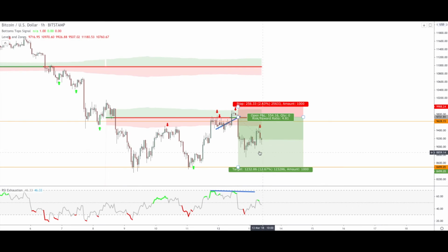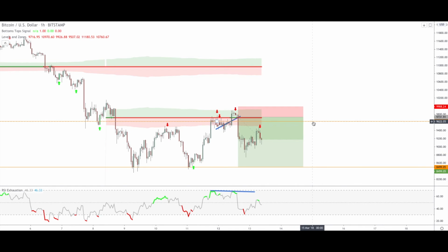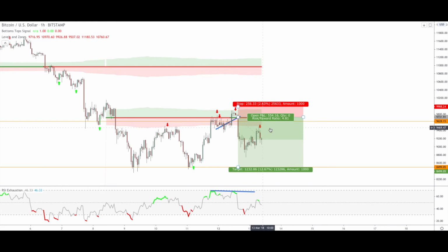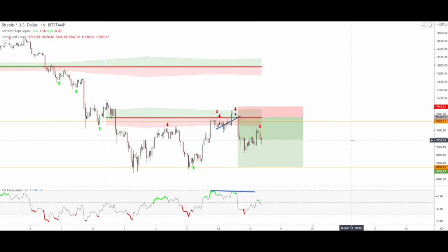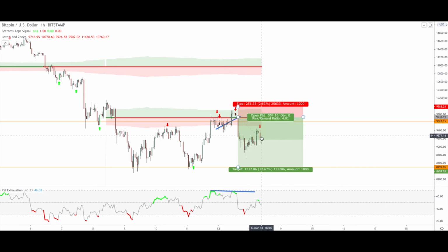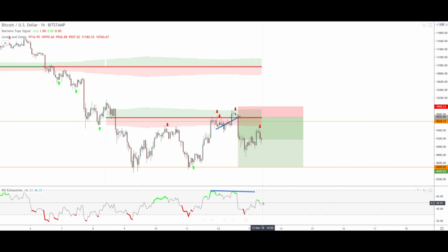I'll keep you posted, of course, on the next price action. The price moved a bit higher, but it didn't touch our break-even level. It stayed well below our break-even level, and we just got a top, which of course is not a top I would trade, so I would not initiate a trade because of this top and because of this exhaustion in the RSI.